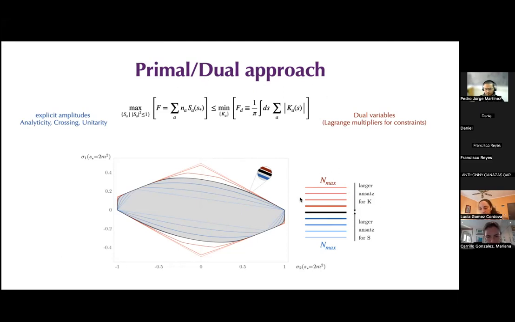And if you have a larger ansatz parameterized by this Nmax for your dual variables, you approach from the other one. And this is important conceptually because it gives you rigorous bounds. That means, again, that outside of these red lines, for sure, you cannot have a consistent QFT. It's also faster numerically, but the primal is still very useful to understand the analytic structure of the amplitudes.